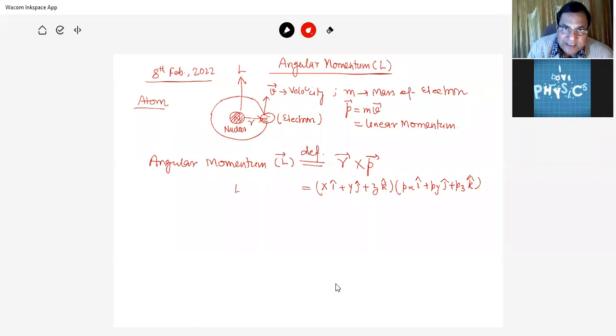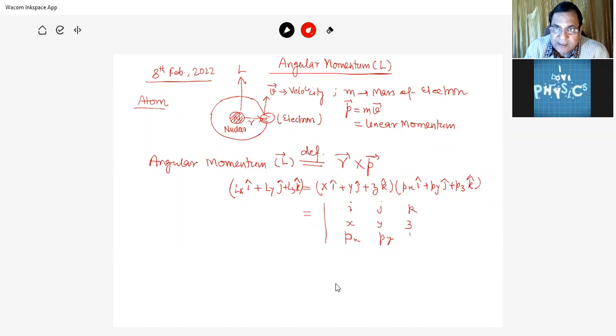And here Lxi plus Lyj plus Lzk is the angular momentum. So this can be expressed as a determinant with rows i, j, k, x, y, z, and Px, Py, and Pz.